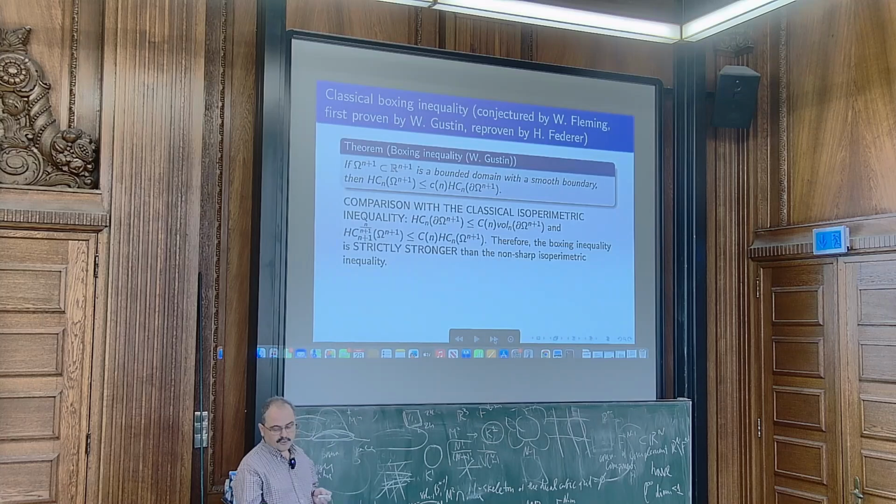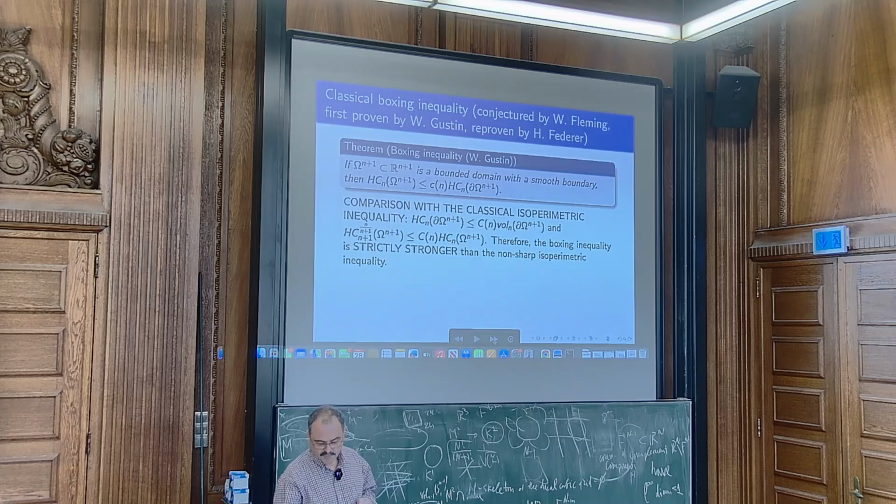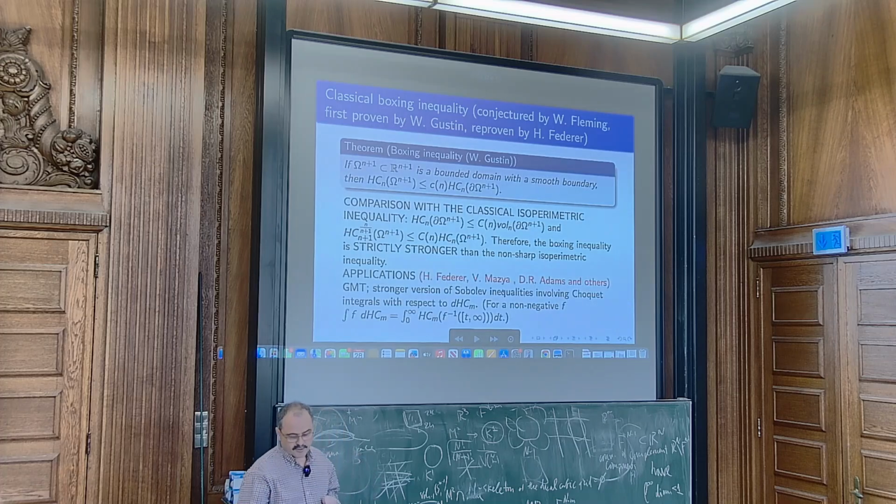And it's easy to see that if we don't care about constants, it's strictly stronger than the non-sharp isoperimetric inequality. And in fact, thanks to Vladimir Mazya and Adams, it had a lot of applications in analysis that were flourishing through the 1980s and 1990s, but still there are some papers in this direction that appear.